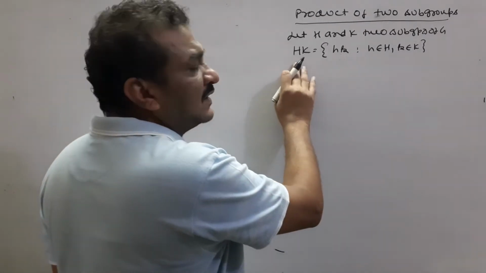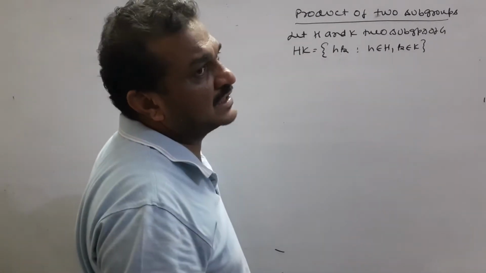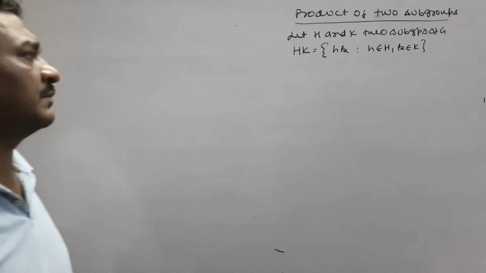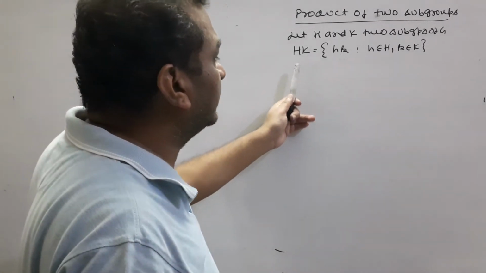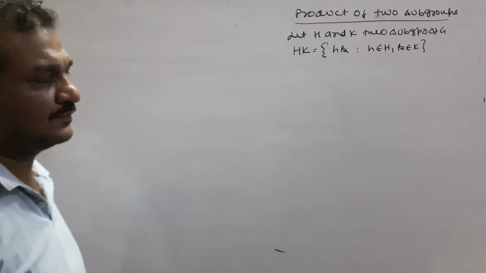Then this one is called the product of two subgroups H and K. If H and K are two subgroups, then HK is called the product of two subgroups.